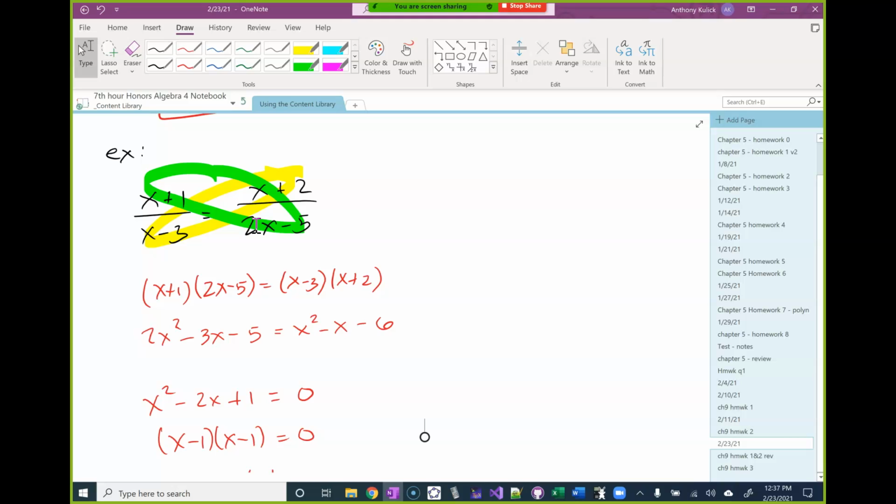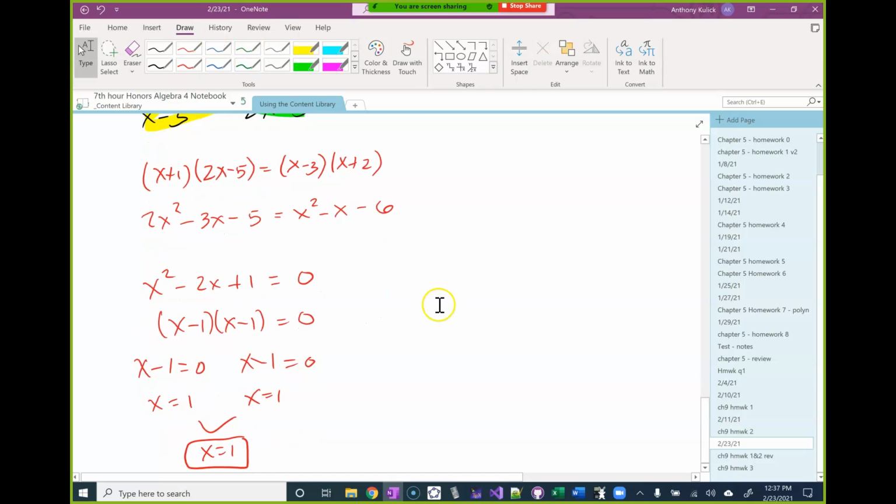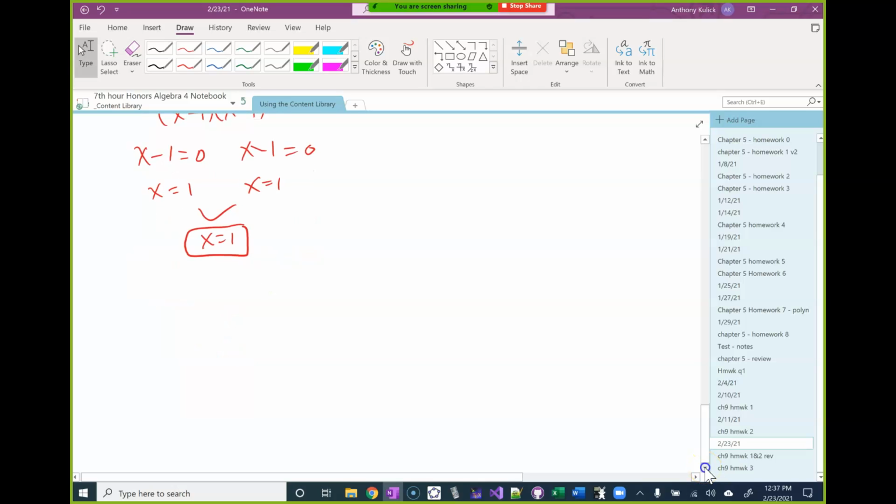A second type of problem, your algebra or pre-algebra classes, would have been something that looks like this. Right? Definitely not a proportion, because on the one side you have 2 fractions of 1. So let's talk about the types of strategies that we could have done. So the obvious thing would just be to add the fractions to make a proportion and then solve that way.